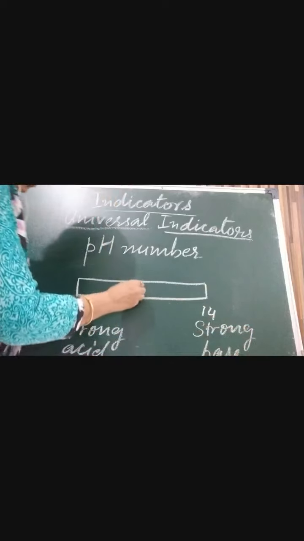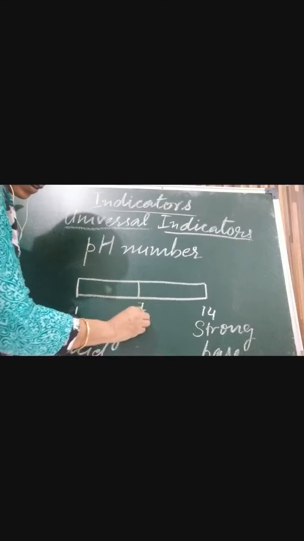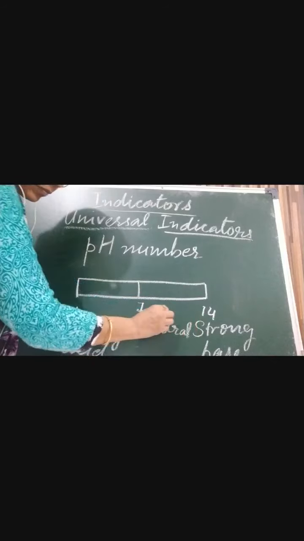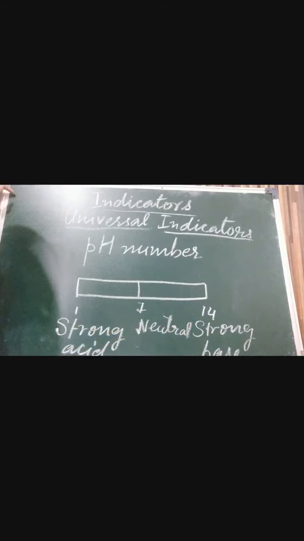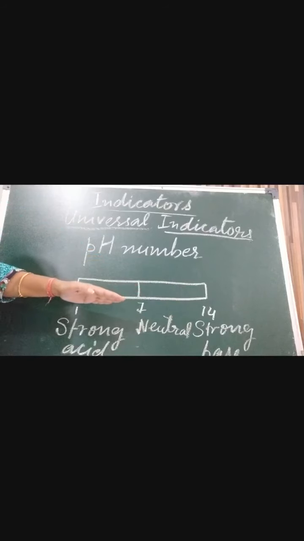And in the middle, the number 7 is there. This is neutral. So pH 1 is considered strongly acidic, pH 14 is strongly basic, and 7 is neutral.